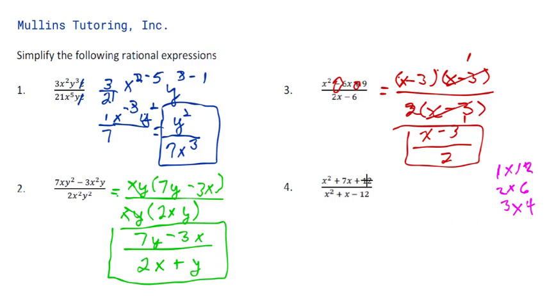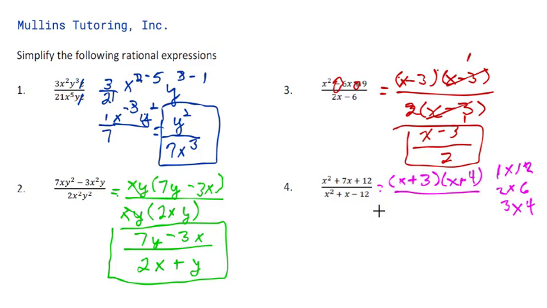Since this number is positive and the middle term is positive, both of them are going to be positive. So I want to find which two numbers added together will give me 7. 3 plus 4 gives me positive 7. So I'm going to have x plus 3, x plus 4.